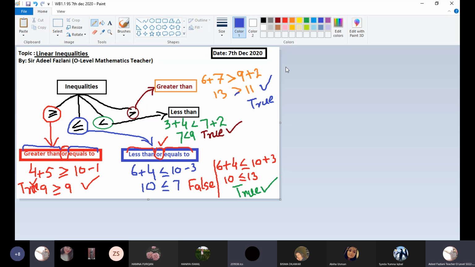All right. Okay, Hania, what is the set criteria to make the statement true? For example, if you are going to compare with the greater than or equals to sign, what is the criteria of a true condition, a true statement?